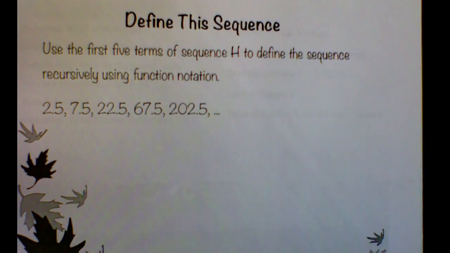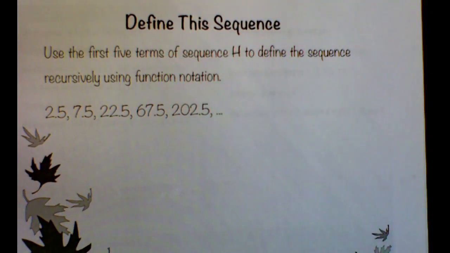So let's try to define this sequence formally. Use the first 5 terms of sequence H to define the sequence recursively using function notation. Well, I noticed that it's not a common difference, it's not arithmetic, and maybe it's geometric. Let's find out. I divide.